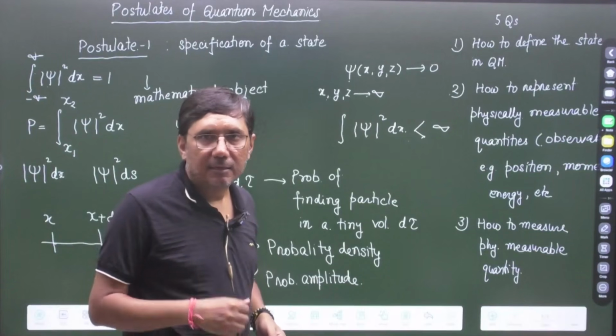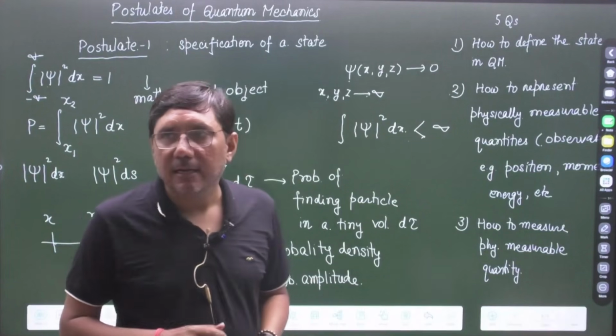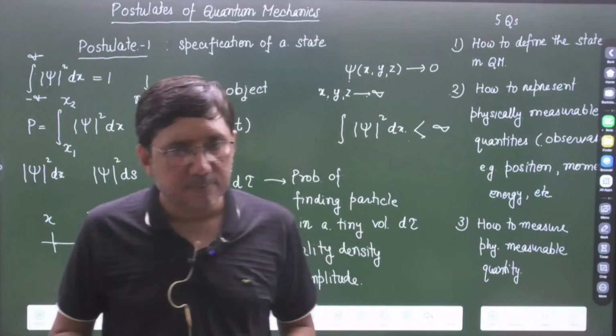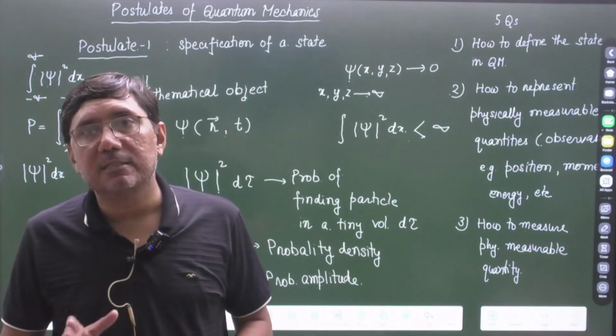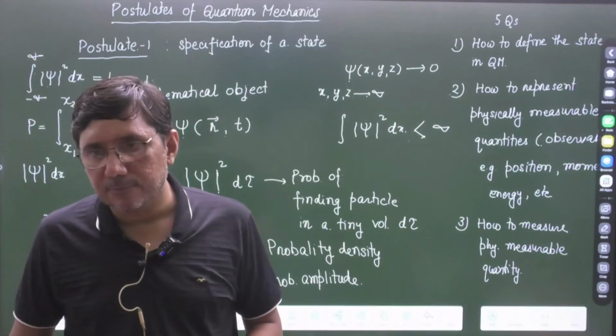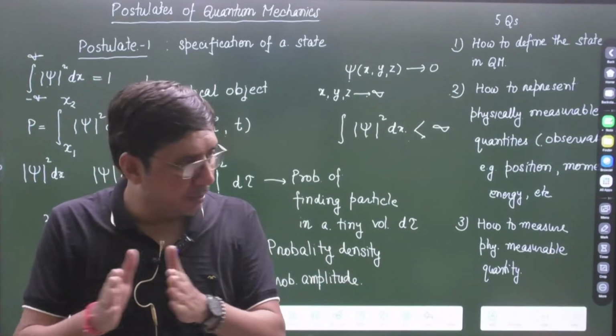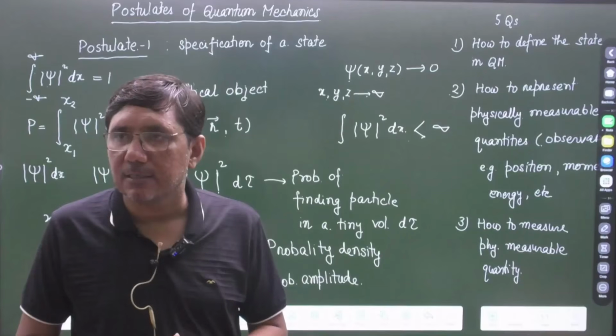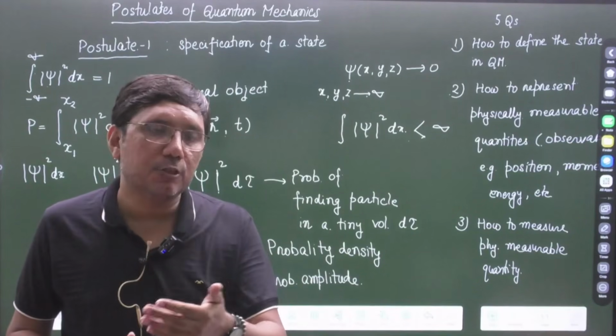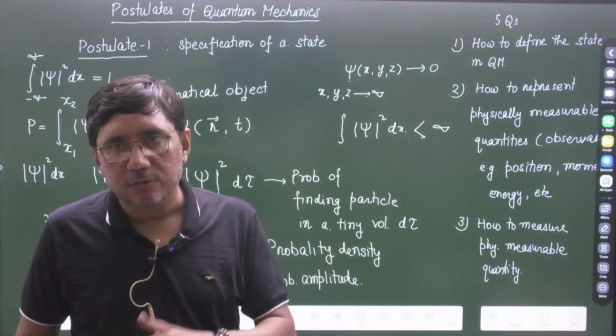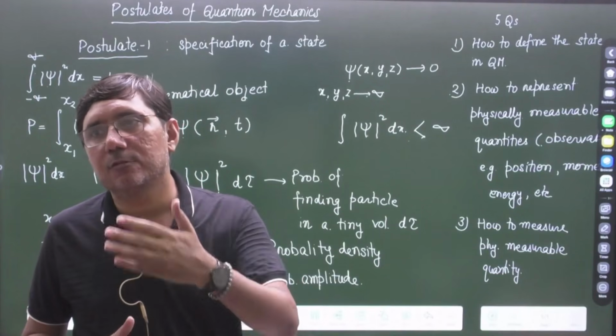Next, psi should be continuous. If you have some region, psi should be continuous. And it should be square integrable, as I have already told. So these are the four properties that psi should always follow.